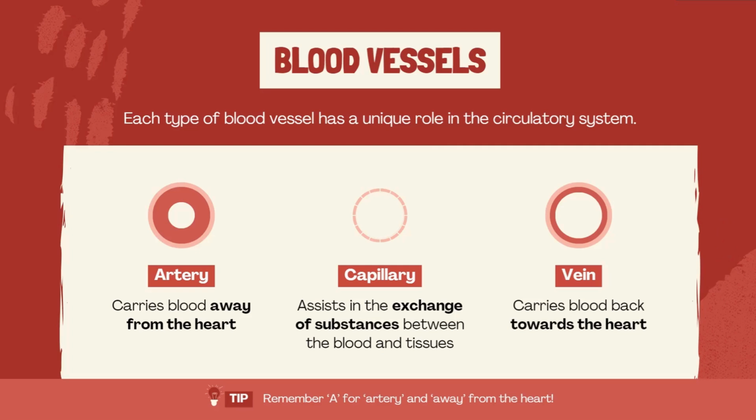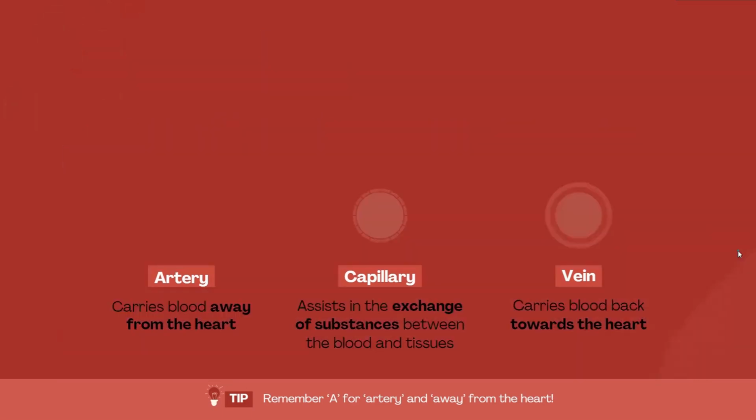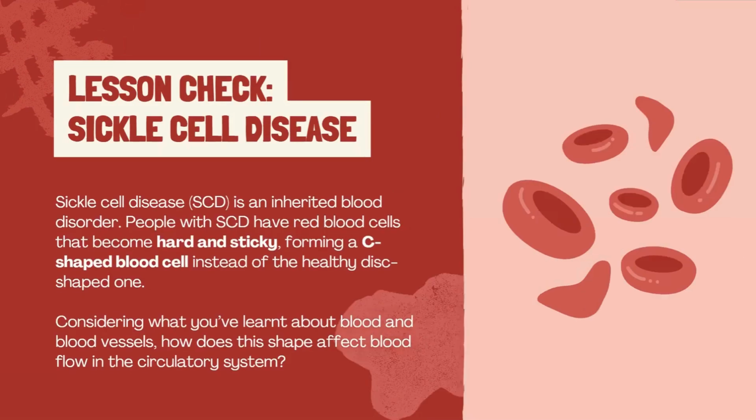Good. Having looked at blood, blood vessels, and the heart, when you're talking about the components of blood, there's a part where we talked about white blood cells helping to fight off disease infections. Sometimes you will discover that, as we still look at blood, there are diseases that can be inherited.